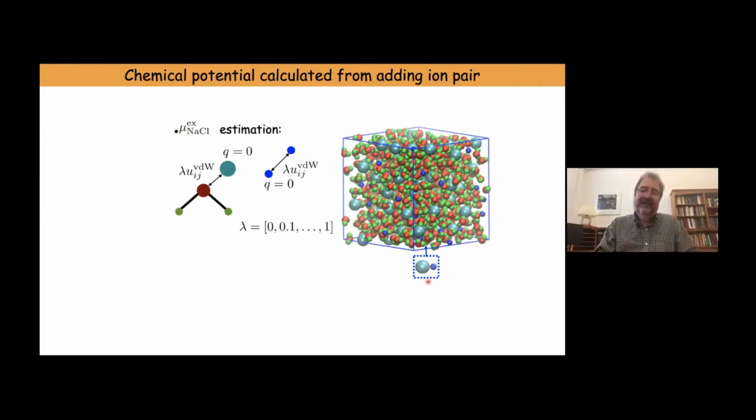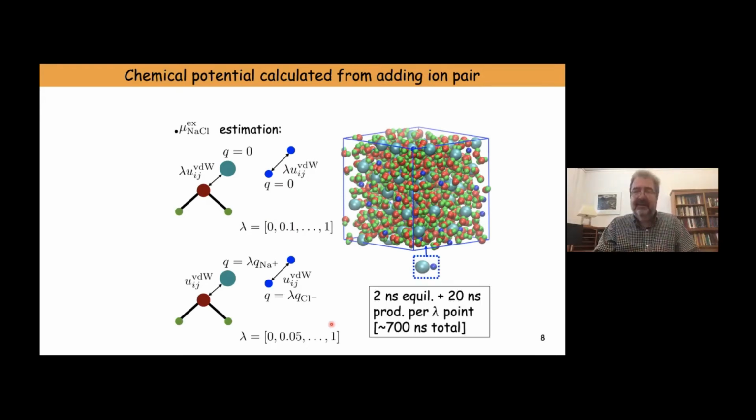And you do that, it turns out, by first blowing up the van der Waals radii of the ions, in 10 steps. And then you charge up the ions. So Q equals 0 initially, and then you start putting charges on the ions, and you do thermodynamic integration to get the free energy change on introducing an additional ion pair in the solution.